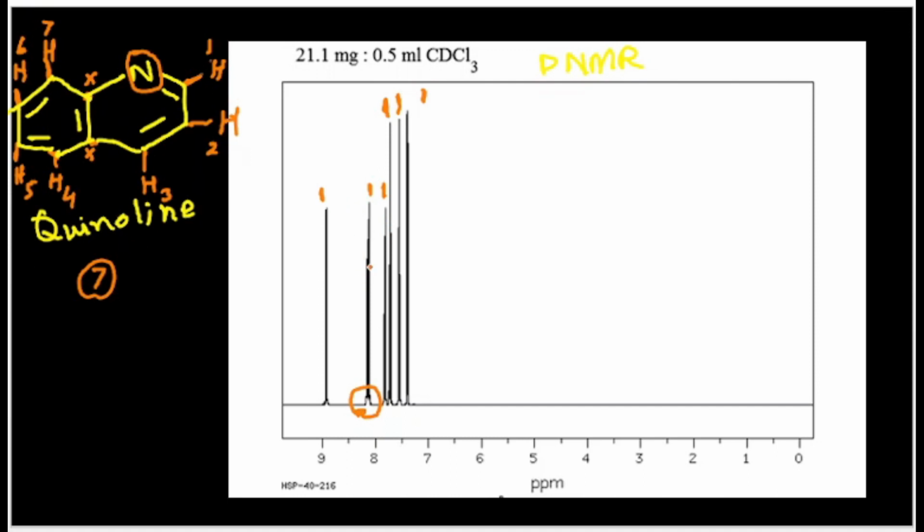So in this range, 2 peaks are close to merging with each other, and we can find them in this area.